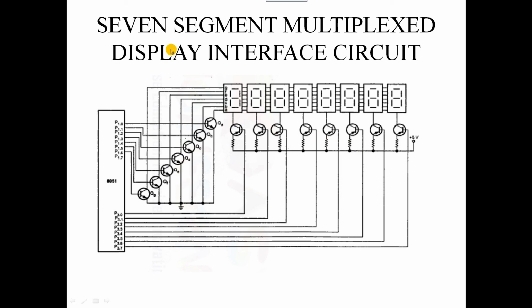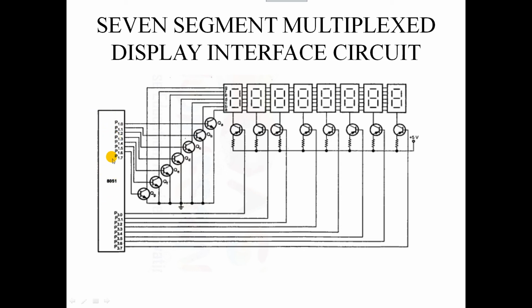Here we have a 7-segment multiplexed display interface circuit. Here we have eight 7-segment displays. These eight displays are going to have different inputs, which are supplied with the transistor arrangement. This transistor arrangement is going to be supplied by the 8051.